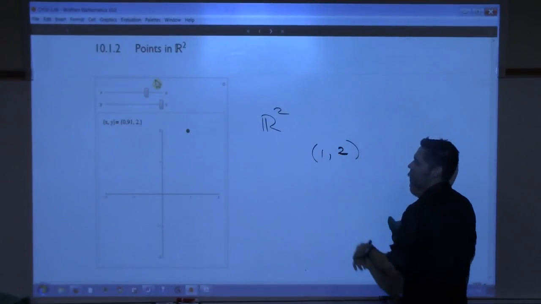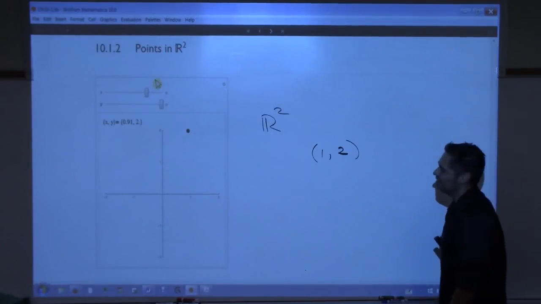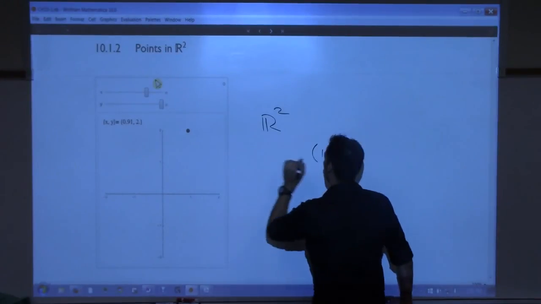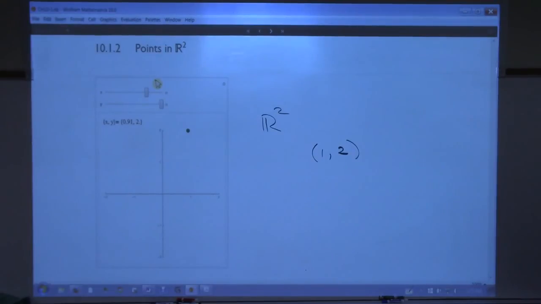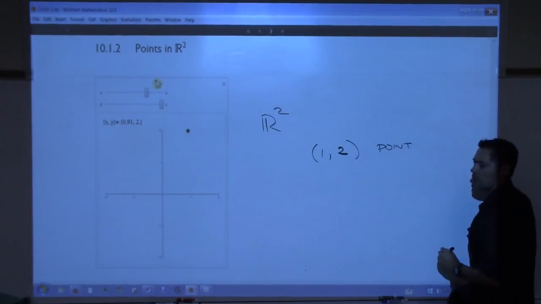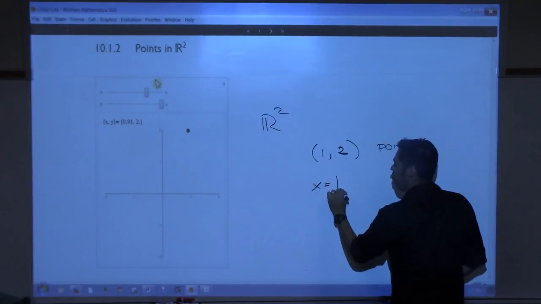Come on, this can't be what Cal 3 is about, right? Don't worry. It'll get a little more interesting. All right, so this right here represents what in R2? A point, right? This is a point in R2. Now let's look at this. What is x equals 1?